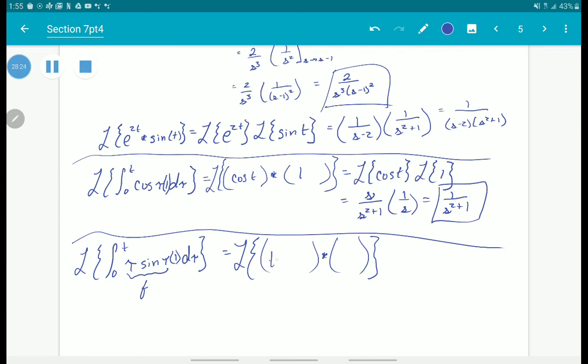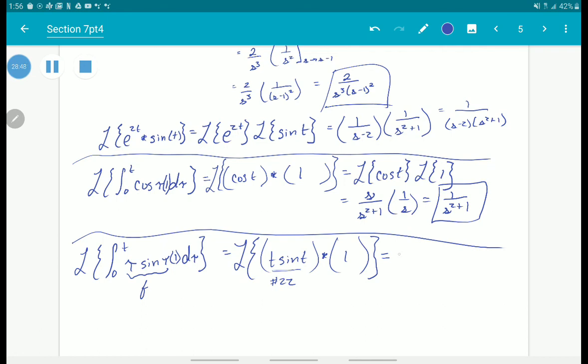So we're going to have t sine of t, and then we're going to have a 1. Now, why would I want to do that? Because this guy does have a Laplace in our formula sheet. So if we go back to our formula sheet, t sine of t, and we want to take the Laplace, that's number 22.